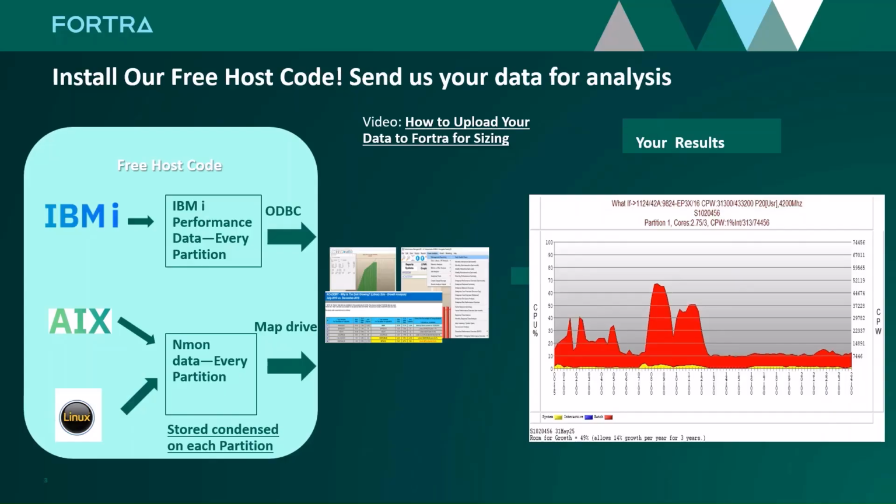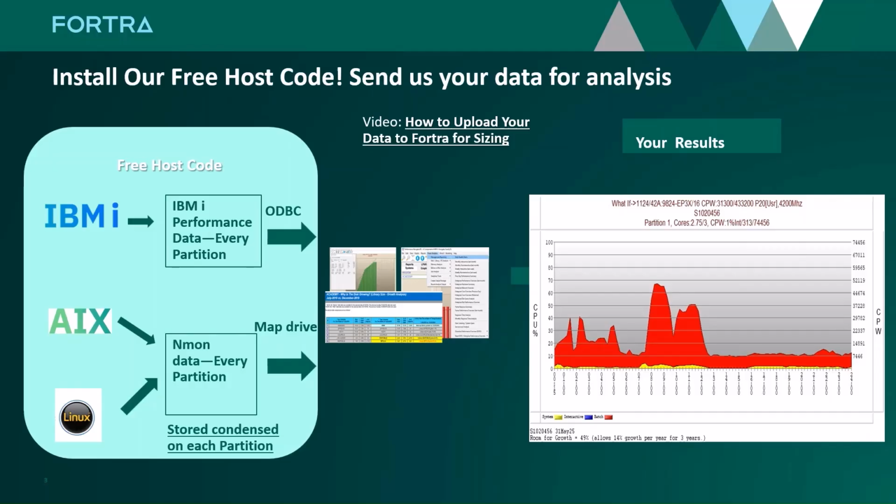In other words, we don't have an agent on either IBM AIX or Linux. We use the built-in monitoring system. For IBM i, that's Collection Services. For AIX, it's nmon. For Linux, it's open source nmon. And then we use a Windows GUI to view the data and produce a capacity plan.